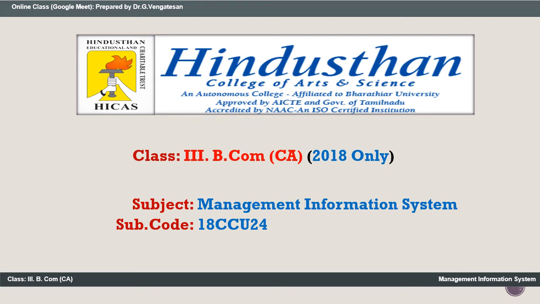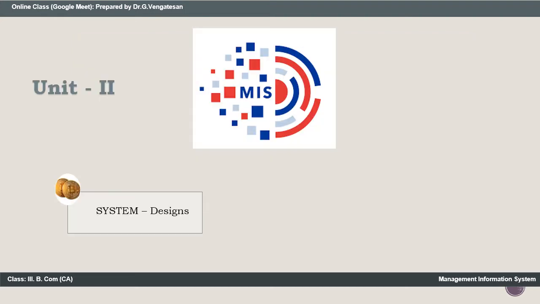Hi students, in today's MIS class, we are going to discuss system design. Experience has shown that the modern computer-based information system can support the centralization and decentralization of information systems. These information systems can operate and make decisions within computers using systems.